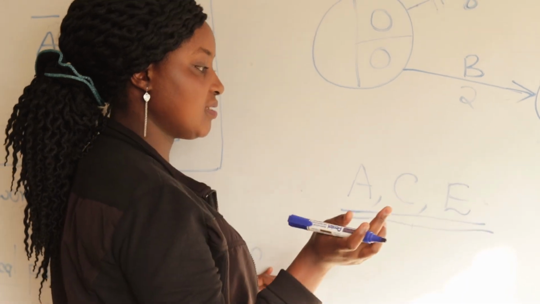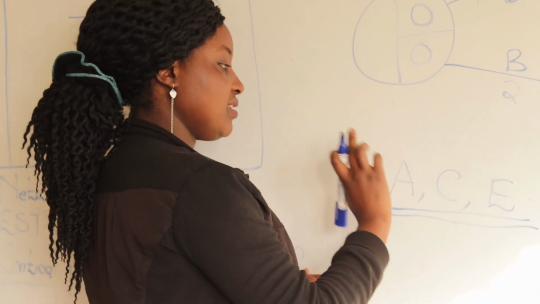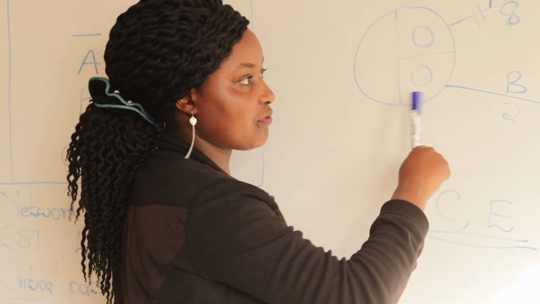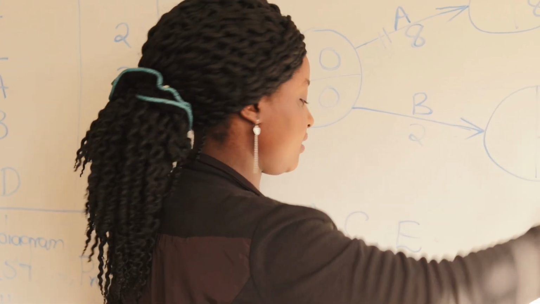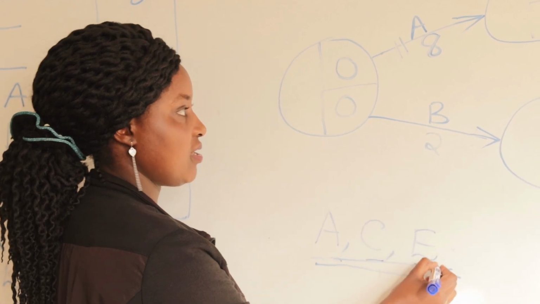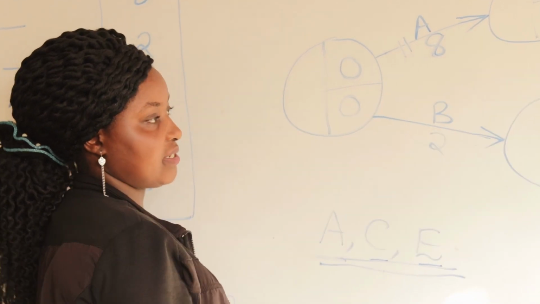That means these are necessary activities that must take place for you to finish the event. So you cannot function without activity A, C, and E. Hence, that's our critical path.